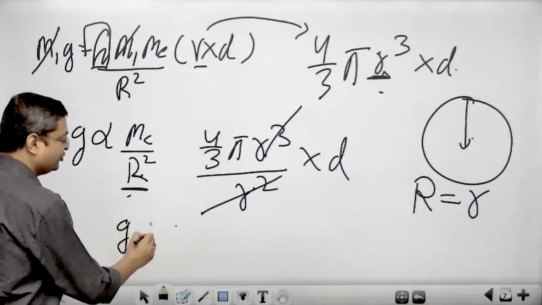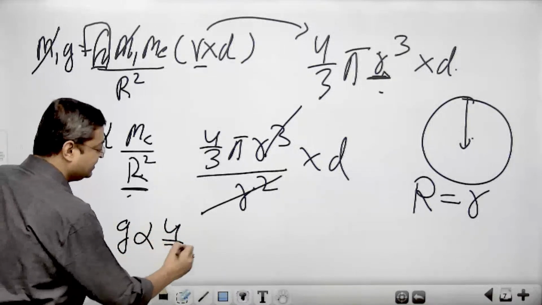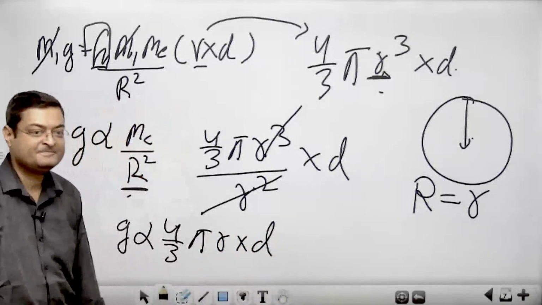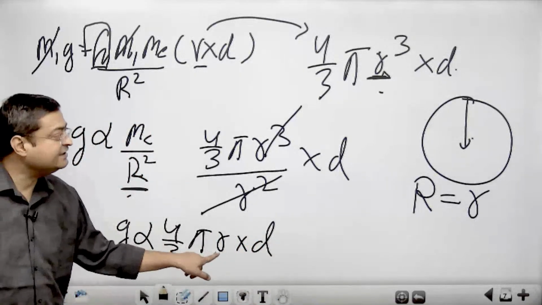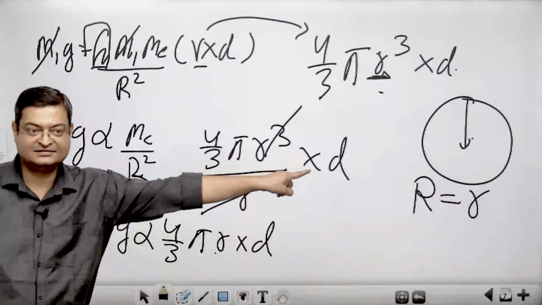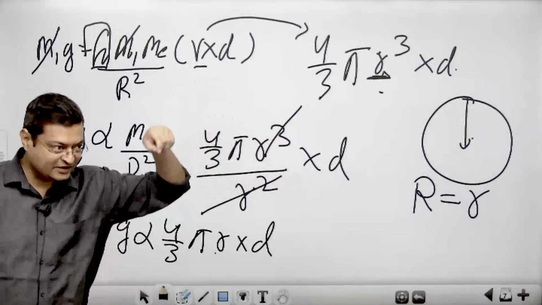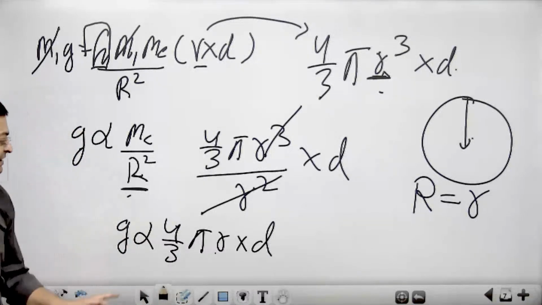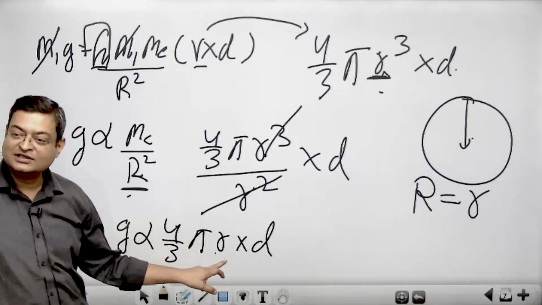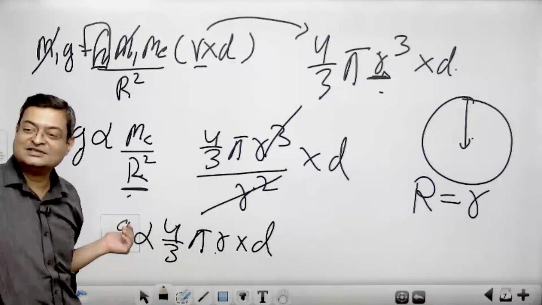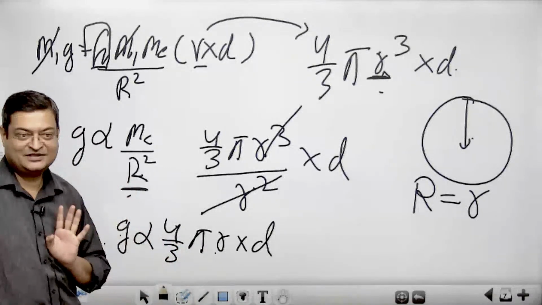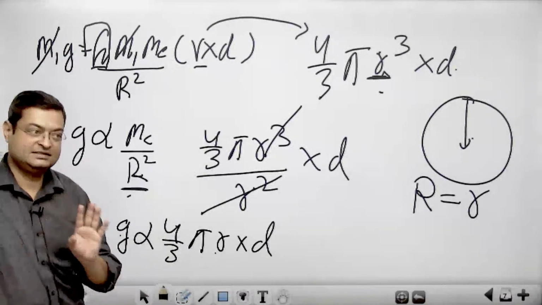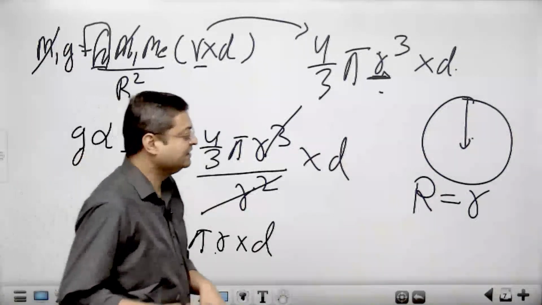G is proportional to 4/3 pi r into d. R क्या था? घट रहा है या बढ़ रहा है? As we are going towards the inside of the earth, the R is decreasing. G is proportional to R, so G is going to decrease. So as we are going to move towards the inside of the earth, the G value decreases. Let's take second case.